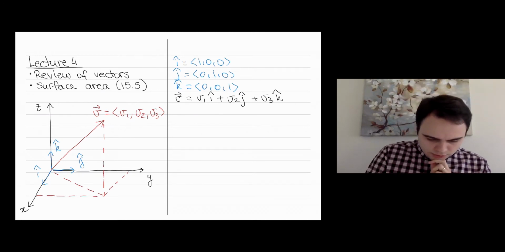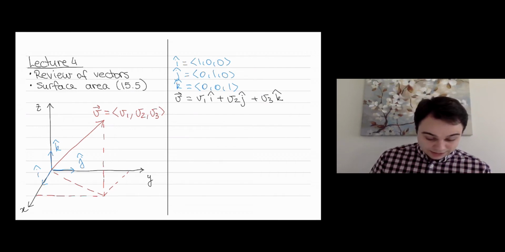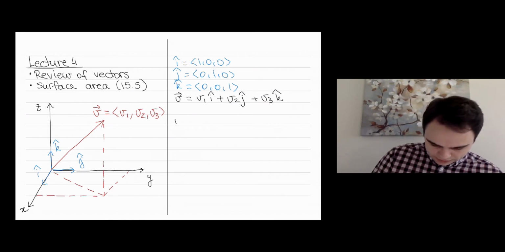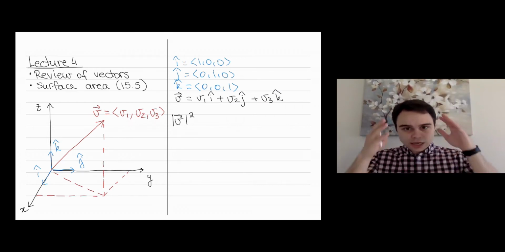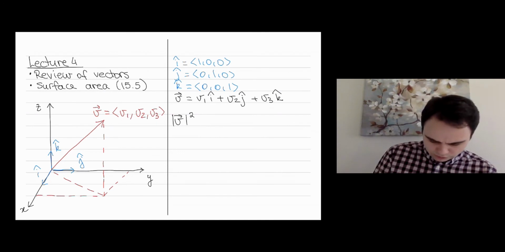Okay, so now let's start putting some useful information together. The first piece of information is the length of a vector. The length of v, I will denote by these 2 bars, which usually for numbers give us the absolute value.